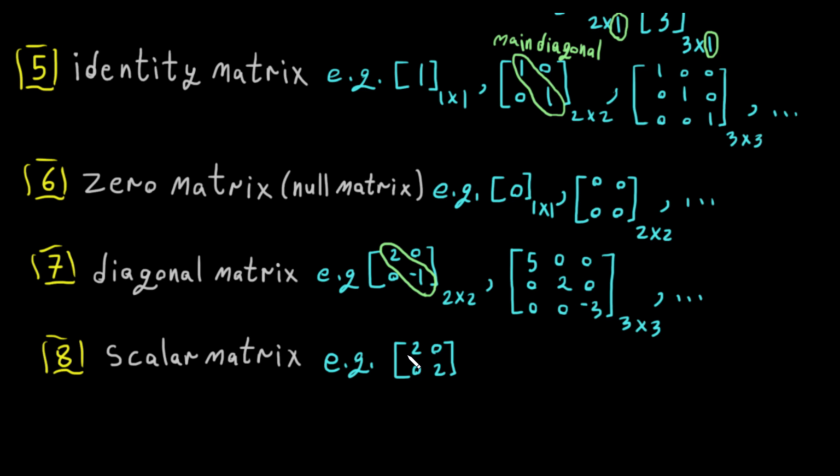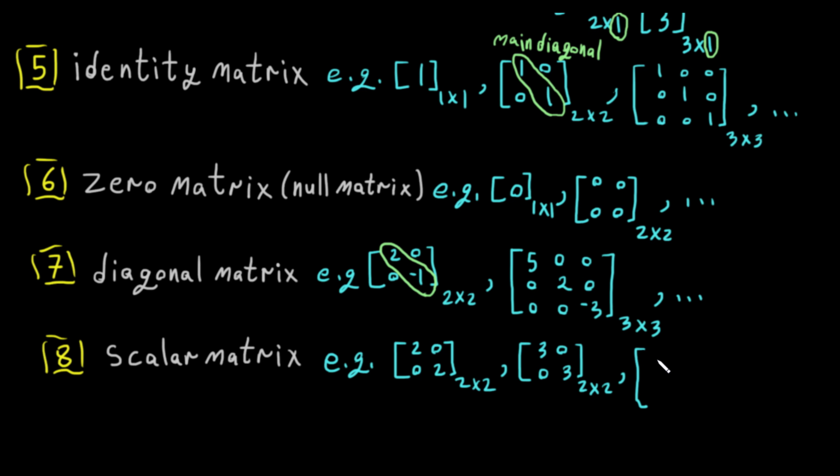So a scalar matrix has all main diagonal entries the same with 0 everywhere else. So here 0 and here the same numbers. This is a 2 by 2 matrix. Another example, 3 0 0 3. This is a scalar matrix because they have the same number and everywhere else are 0. This is the same 2 by 2 matrix.